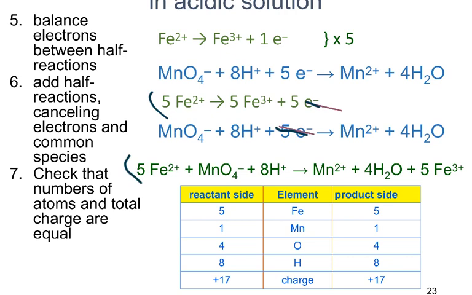And you could set yourself up a table and check out all of the elements. And then let's work through this plus 17. So 5 times 2 is 10, negative 1, and then plus 8. So 10 plus 8 is 18, minus 1 is 17. Here we have plus 2, nothing for my water. 5 times 3 is plus 15, so that's plus 17 on that side as well. So that's how the balancing by charge went.